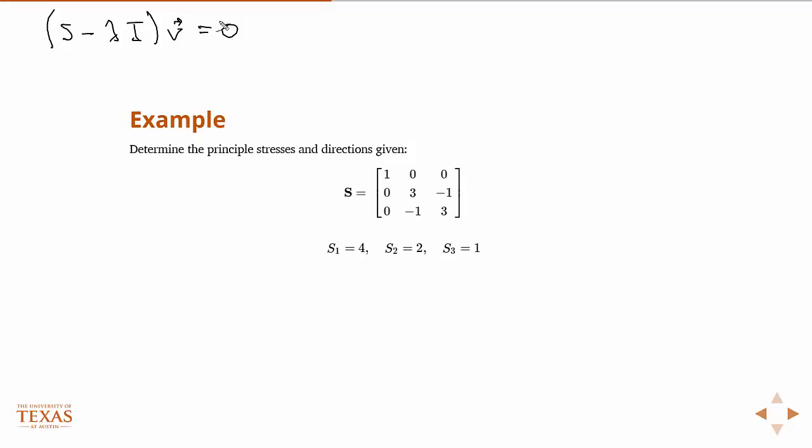Right? So we need to plug an eigenvalue in, solve this equation, and we can solve for v, and that'll give us an eigenvector corresponding to that eigenvalue.